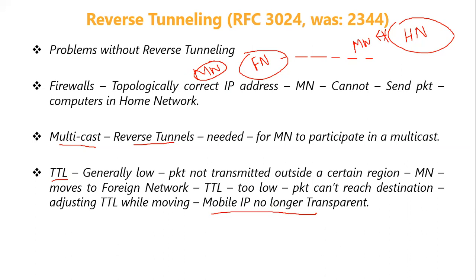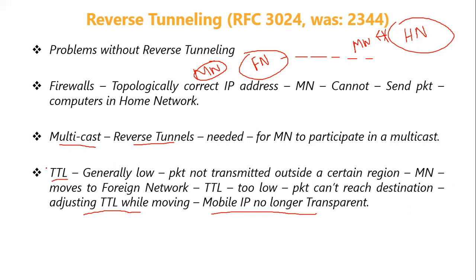If the TTL is adjusted whenever the mobile node moves to a foreign network, then mobile IP is no longer supporting transparency. By seeing that particular TTL field, some attacker or somebody else will understand whether the mobile node is currently in the home network or a foreign network. So this is also not suggestible.